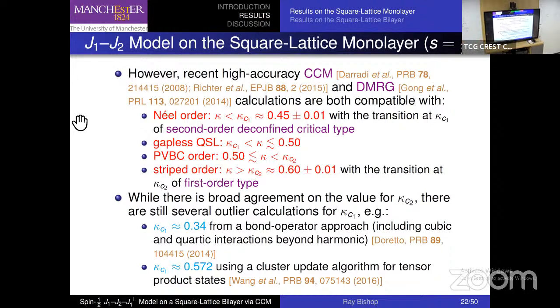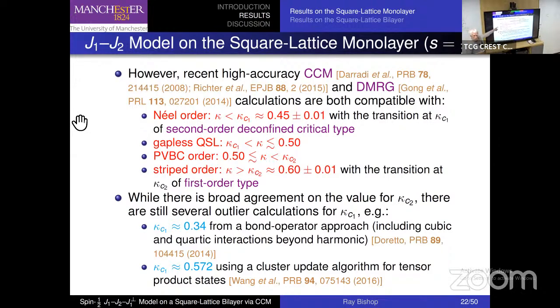They're both compatible with Néel order existing out to about 0.45. It's very interesting. This first transition from Néel to the paramagnet is not a Landau type transition. Instead, it's a second order deconfined transition.